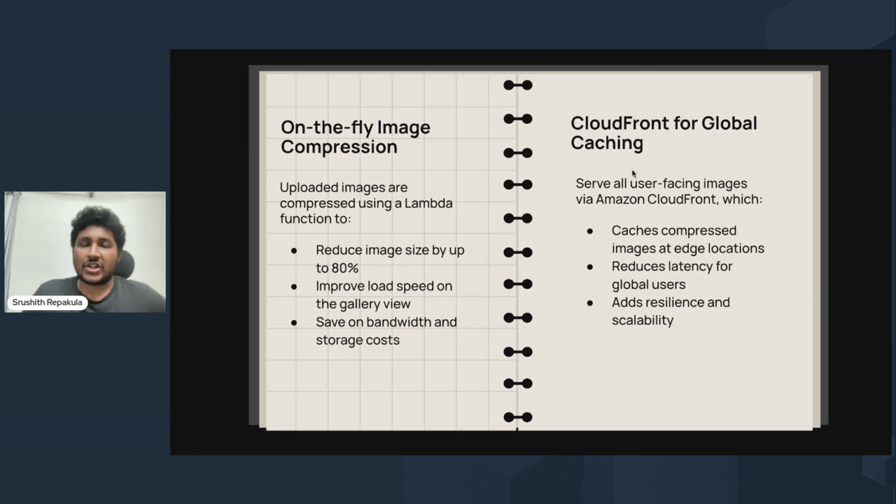CloudFront for global caching. Now, it's an image sharing application, so potentially hundreds or sometimes thousands of images are there, and hundreds of users are going to use it. To make sure it loads very fast, one thing is we have reduced the size, and the second is we are caching it using CloudFront. All the images rendered from the application are rendered from the CloudFront cache.